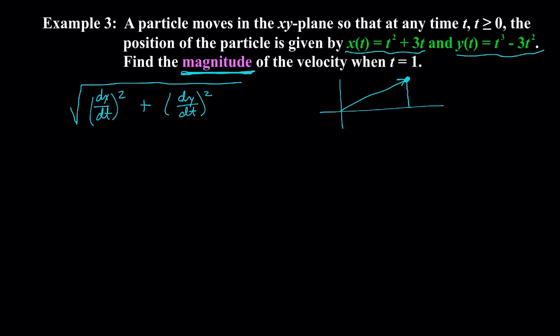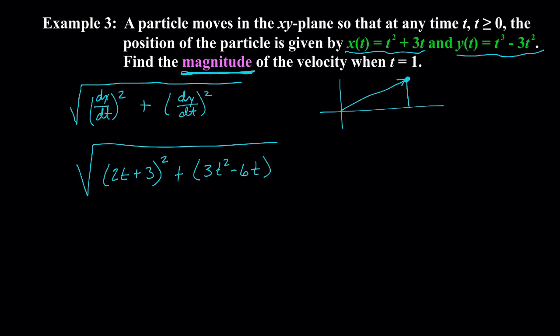All right, so dx/dt is going to be 2t plus 3, and then we got to square that, and then the y coordinate is going to be dy/dt, which is 3t squared minus 6t, but we have to evaluate this when t is equal to 1.